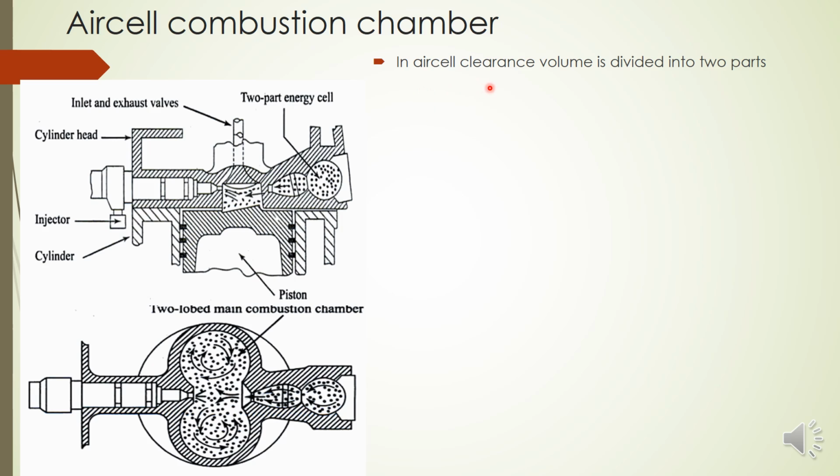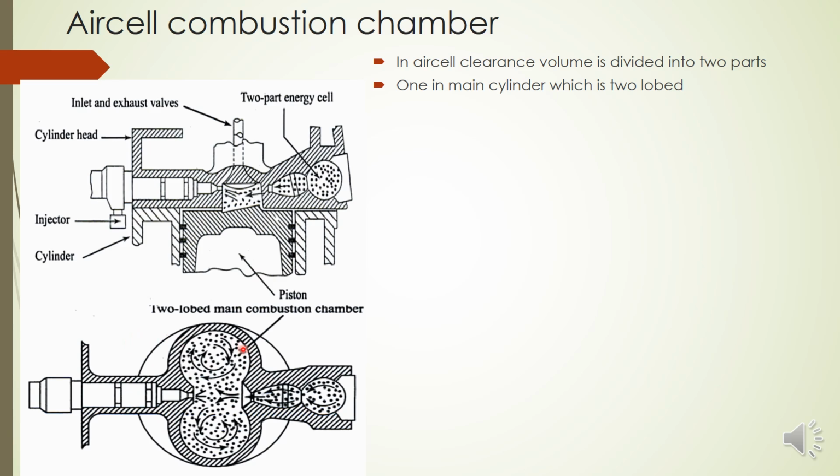In the air cell, the clearance volume, or the space between the cylinder head and piston, is divided into two parts. One is the main combustion chamber, which is in the main cylinder, and it has two lobes.